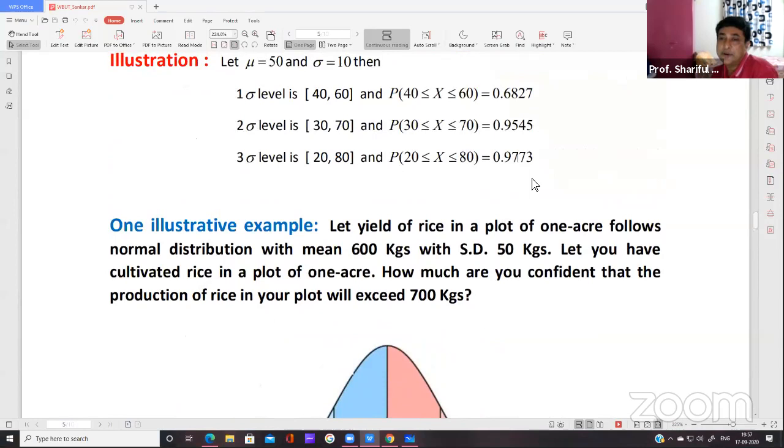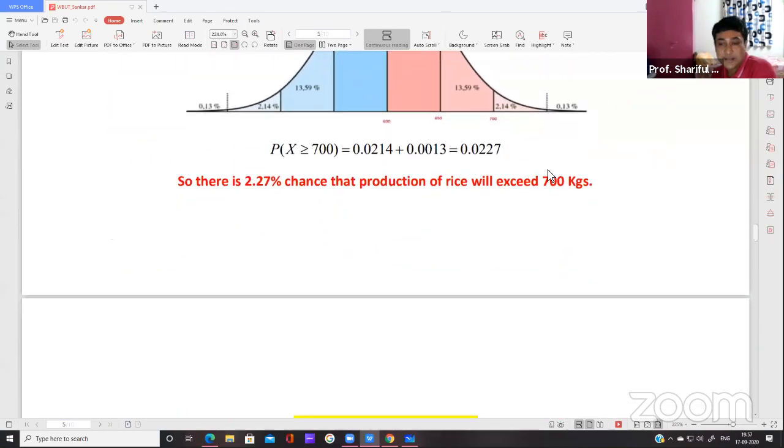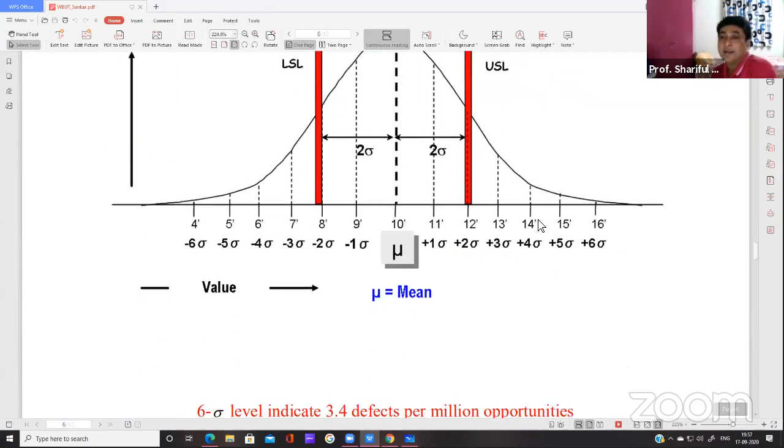So obviously, if it is 4 sigma level, that will be more than 99 point something, but it will never touch 100%. If it is 100%, because beyond this, this curve will not exist, truncated. So this is not that case. So obviously, 4 sigma level will capture more chances.